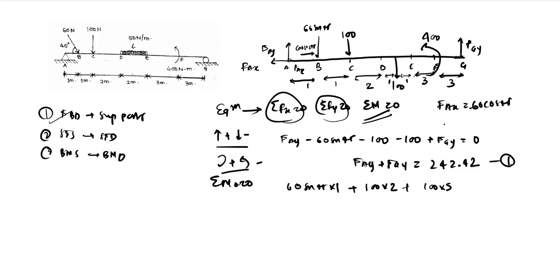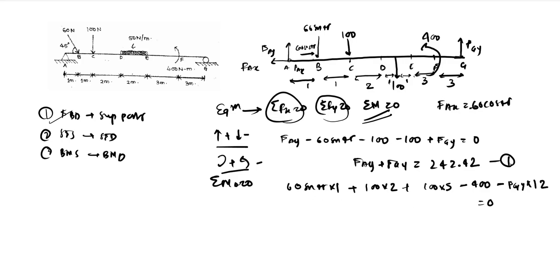Because of the UDL, we have this 100 into 5 as the moment, minus 400 because of the moment at S, and it is in the anti-clockwise direction, so that is why it should be negative, minus FGY into the total distance, which is 12. So 1 plus 1, 2 plus 2, 4, 6, and 6, 12. And this is because of the reaction force at G. So that is how we can calculate the equation.